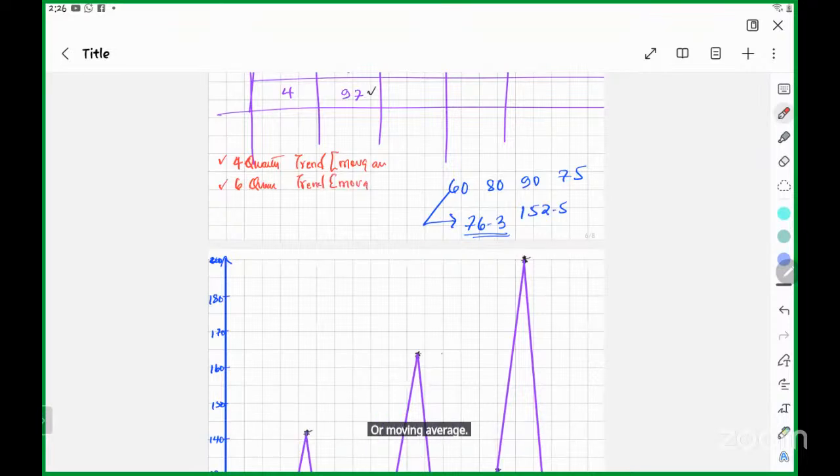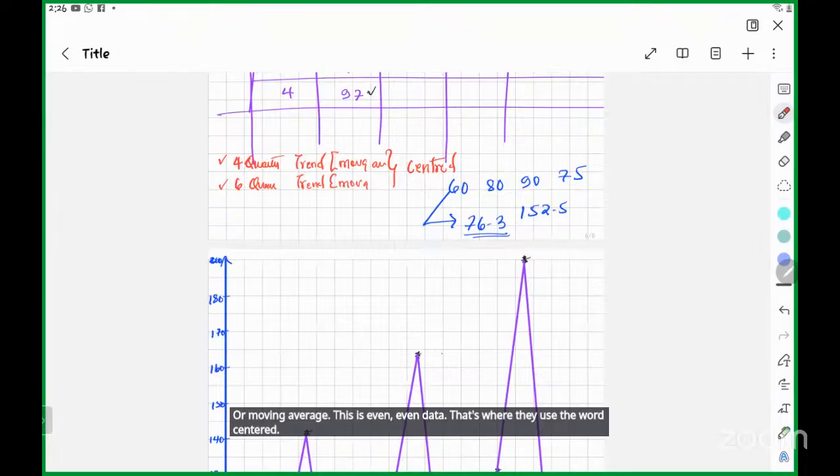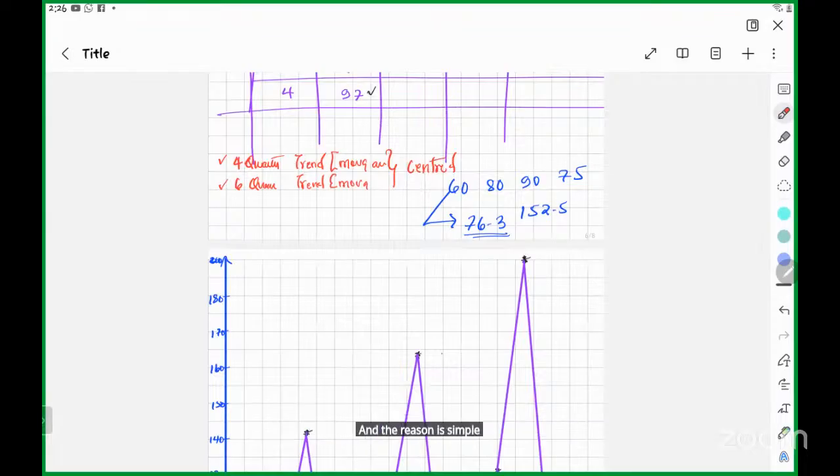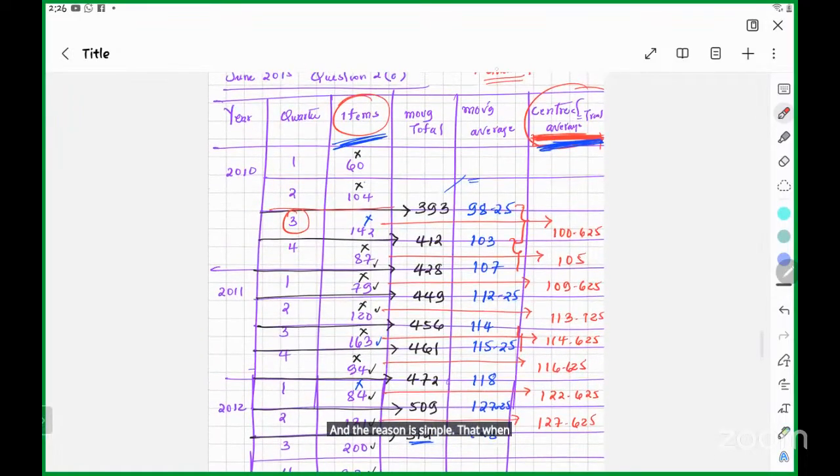This is even data. That's where they use the word centered. The reason is simple: when you compute the moving average, the averages do not relate directly to a given quarter.